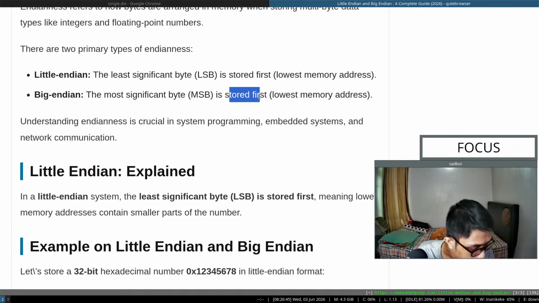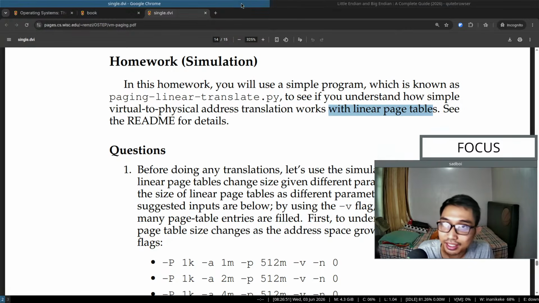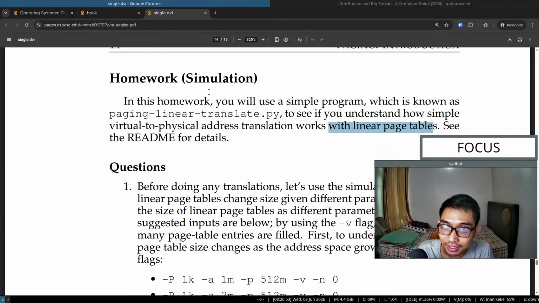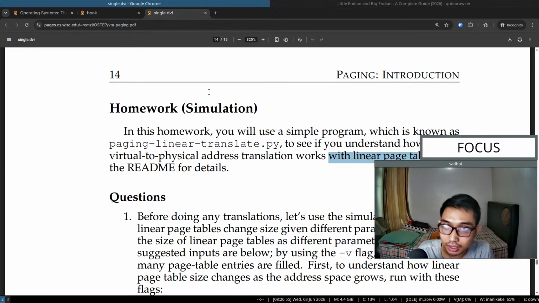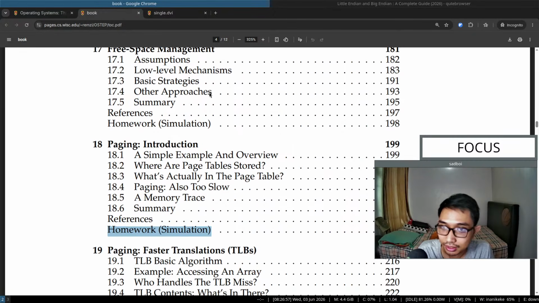Do you have a good view of memory? No, not yet. I mean, this is the first time I learned about memory, I guess, with this book.